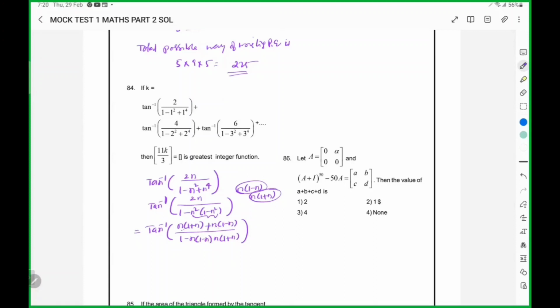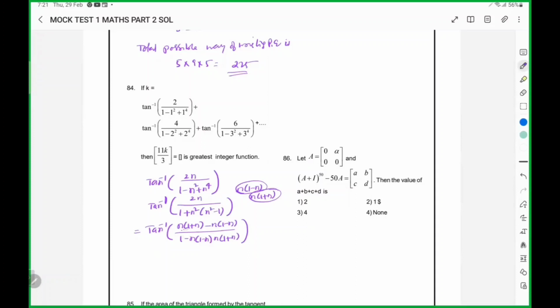Here you write plus 1, and this you write as n square minus 1.